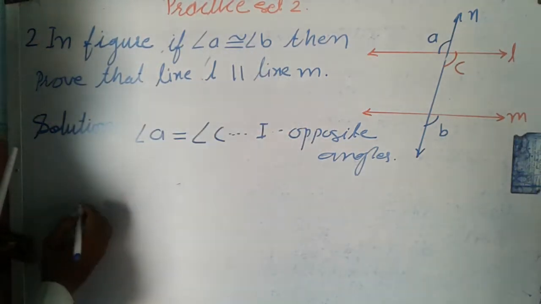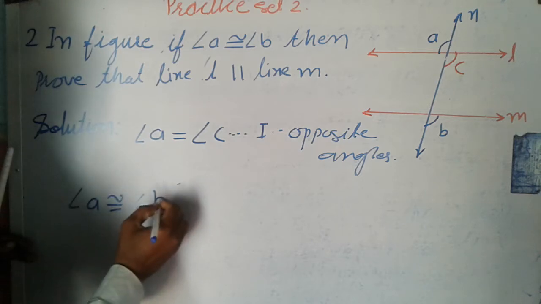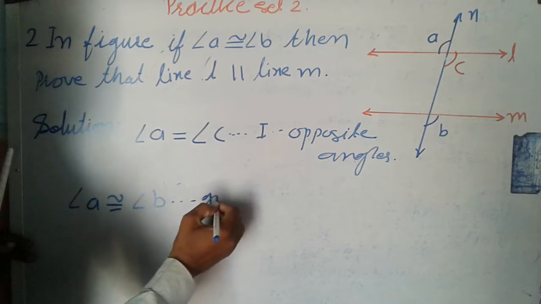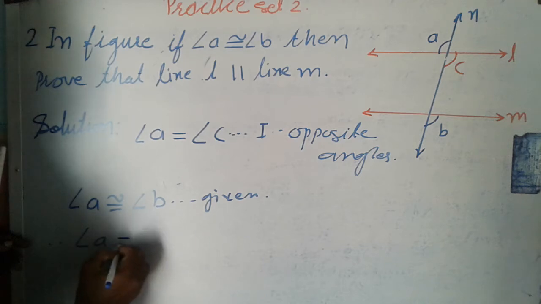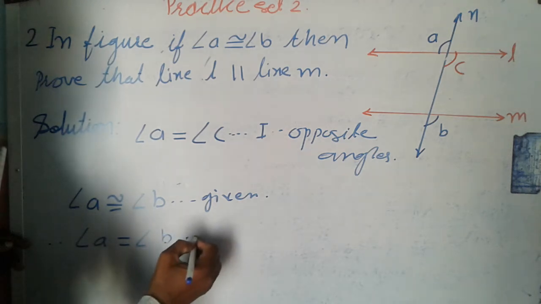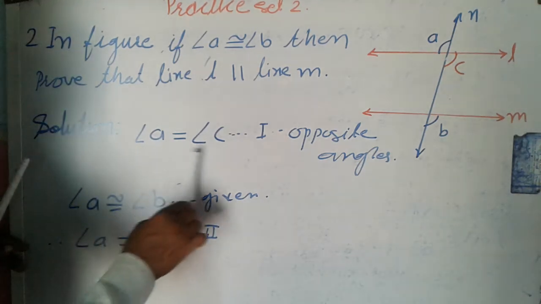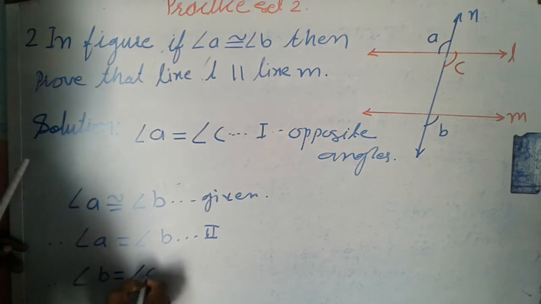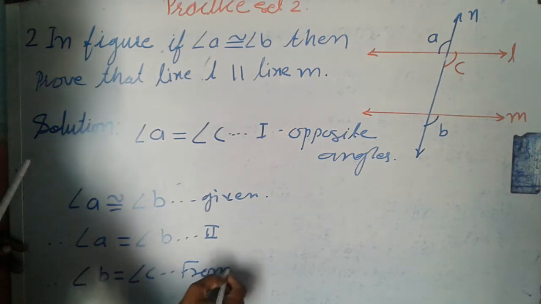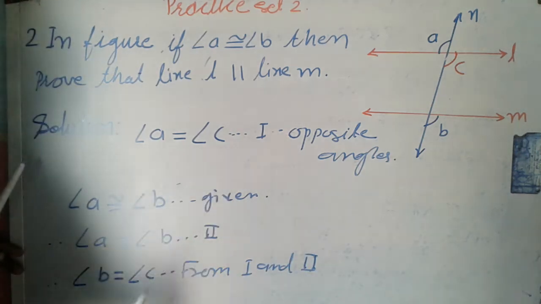And we are given that angle A is congruent to angle B. Therefore, angle A is equal to angle B. Statement 2. From statements 1 and 2, angle A is equal to angle C and angle A is equal to angle B. Therefore, angle B is equal to angle C.